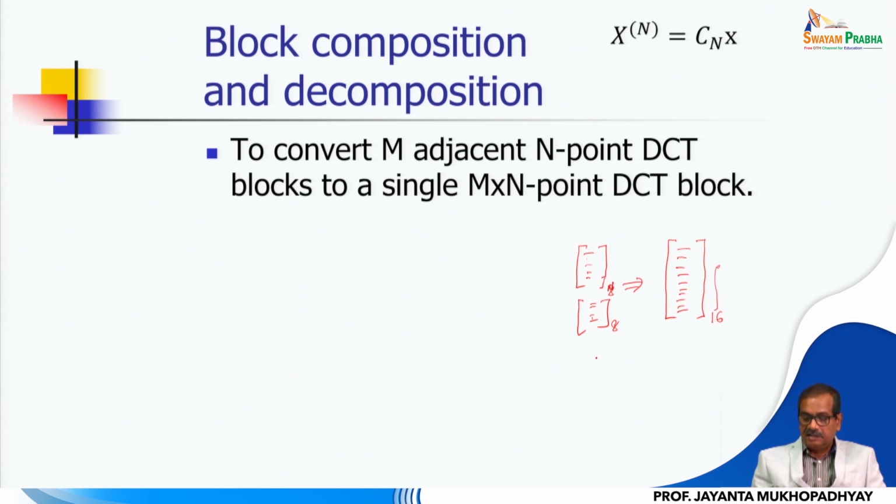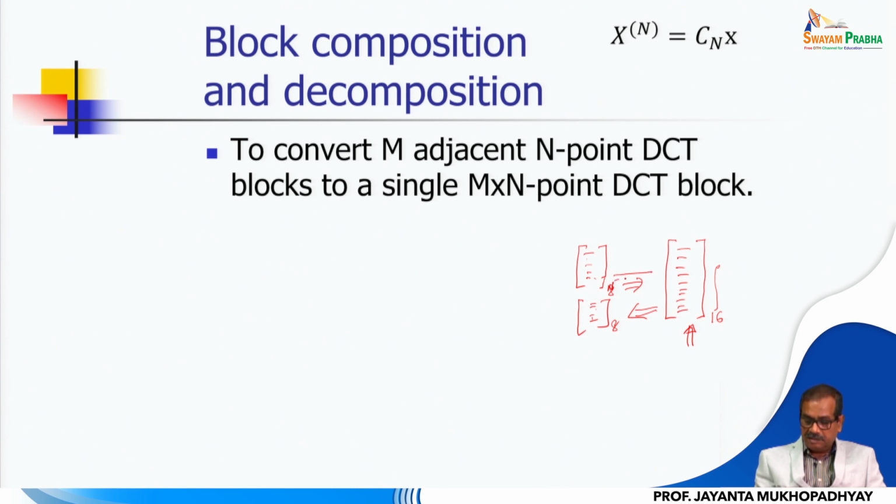This is merging. The reverse operation, that means if I give you a 16-point DCT block and you decompose it into two adjacent 8-point DCT blocks, that is the reverse operation.